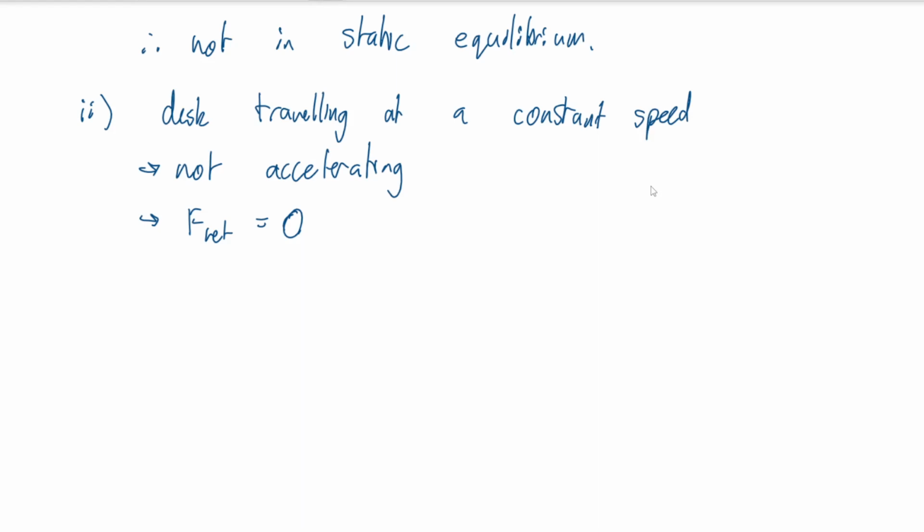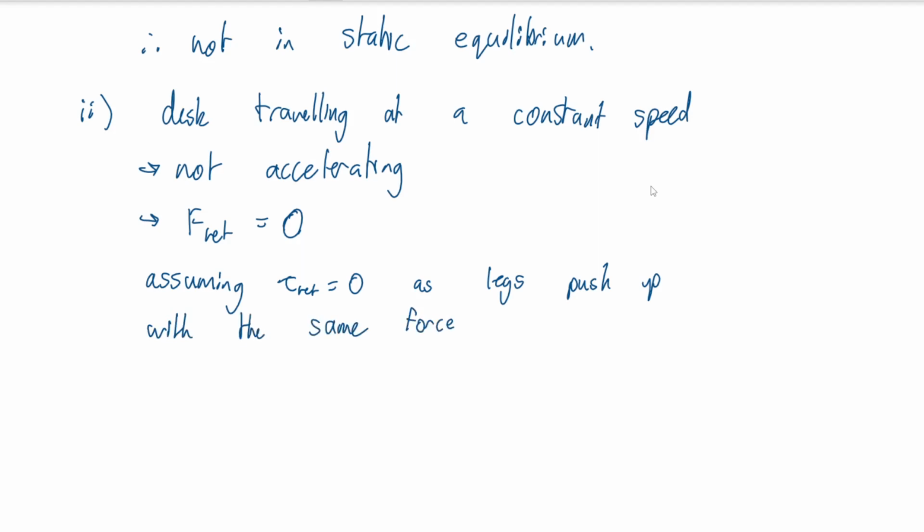So, assuming net torque is also 0 as legs push up with the same force, all of these conditions mean the desk is in static equilibrium.